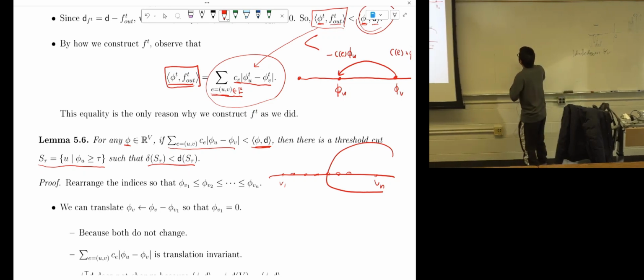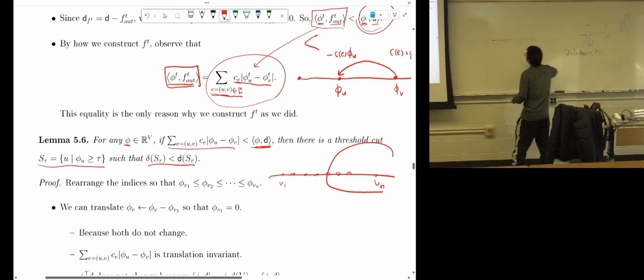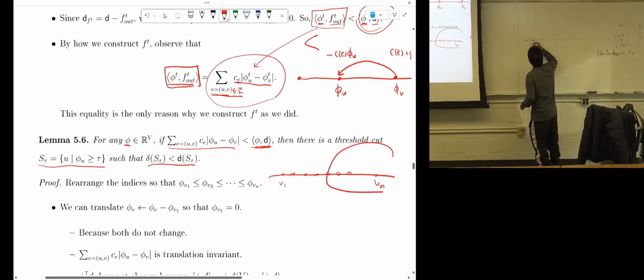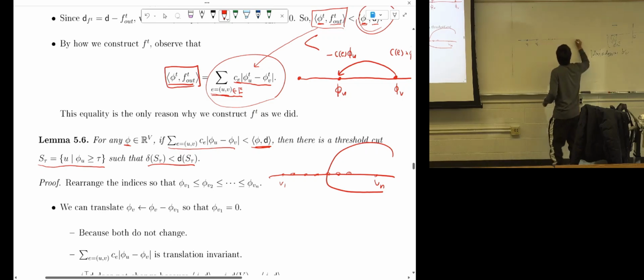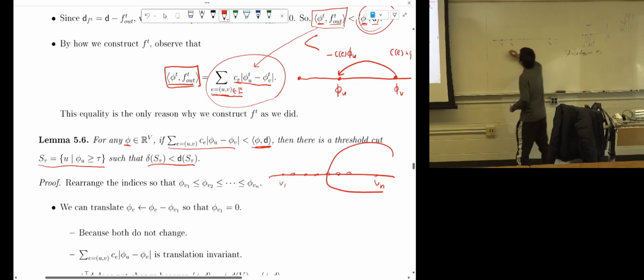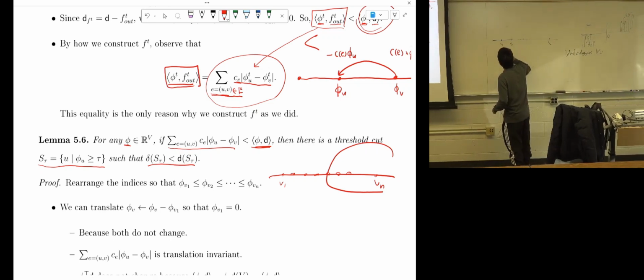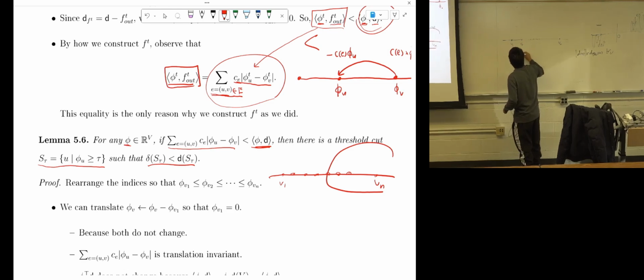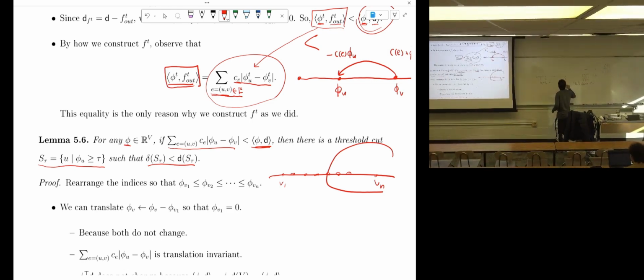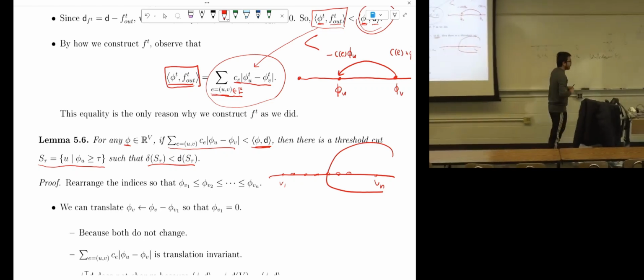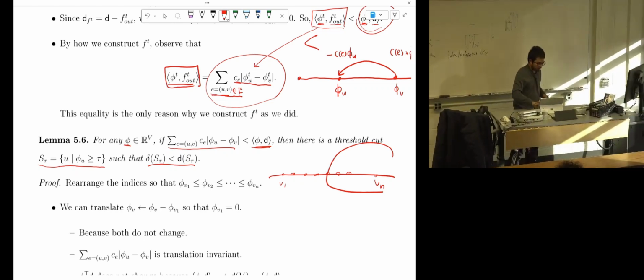The potential is this, and I sort vertices: V1, V2, up to Vn. The potential of V1 is less than the potential of V2, and so on up to Vn.